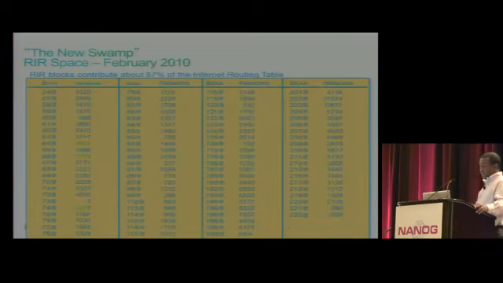But in 2010, that has changed significantly, and 64/8, 66/8, 74/8, and so on, the ones that are highlighted, are generating a lot more prefixes per /8. These are called the new swamps.